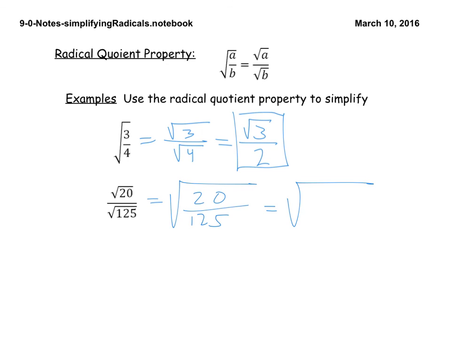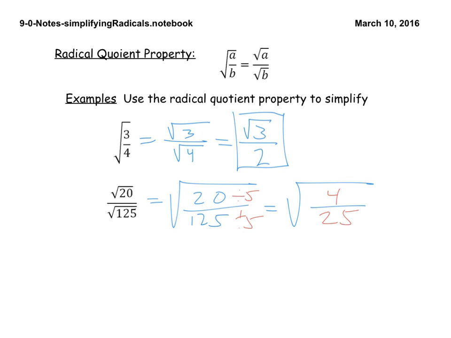What goes into 20 and 125? I think 4 does, right? So divide 20 by 4, we get 5. Oh, I'm sorry, 4 doesn't go in there. We're going to get a 4 in a second, but divide them by 5, right? How about that? 20 divided by 5 is 4. Divide this by 5, divide this by 5. 125 divided by 5 is 25.